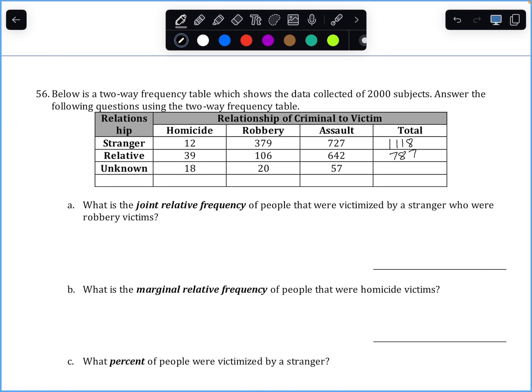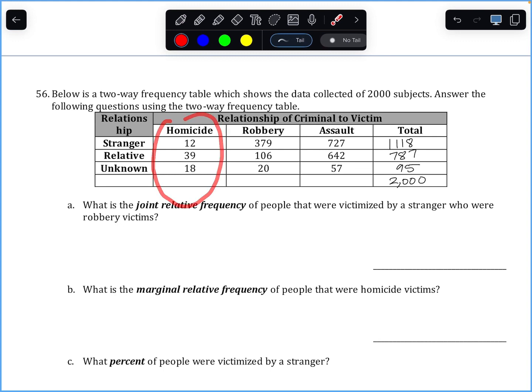And then unknown, let's go with Carlos. 95. And if you were to add this column, what would be the total? 2,000. Very good job.